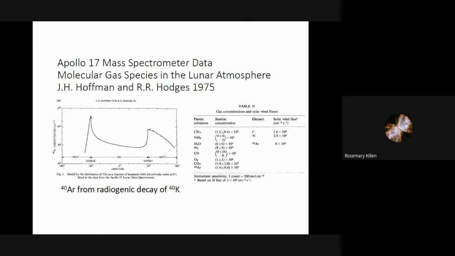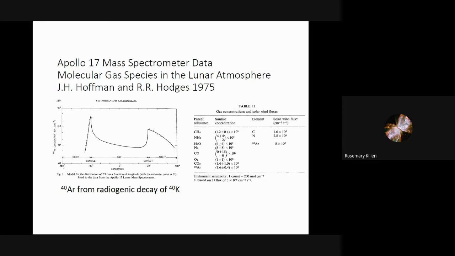Okay, so the Apollo 17, this was LACE. They also measured argon, and argon has the sunrise to the left, and you can see at night, argon is really interesting because it condenses at night and it actually diffuses into the regolith, so it almost disappears.